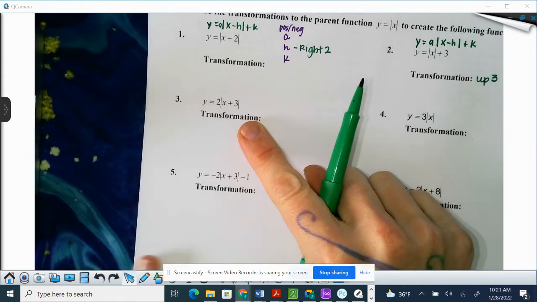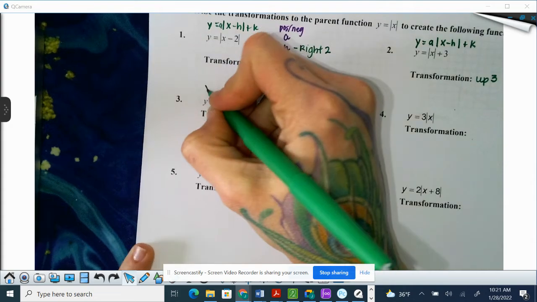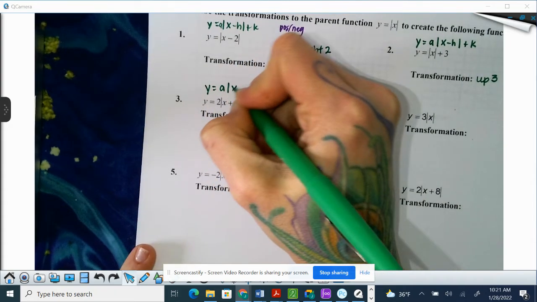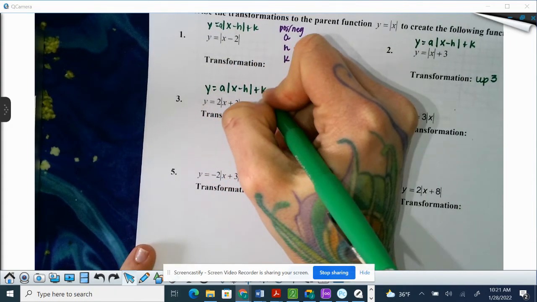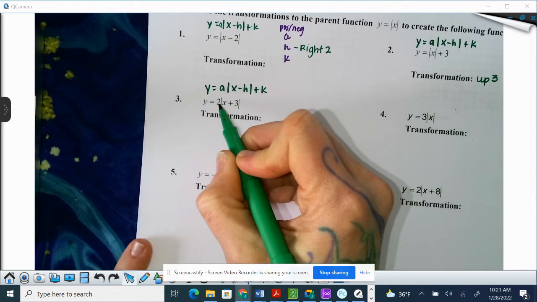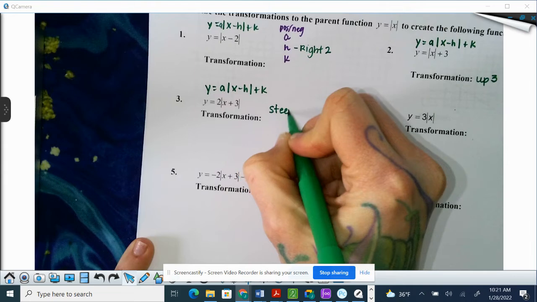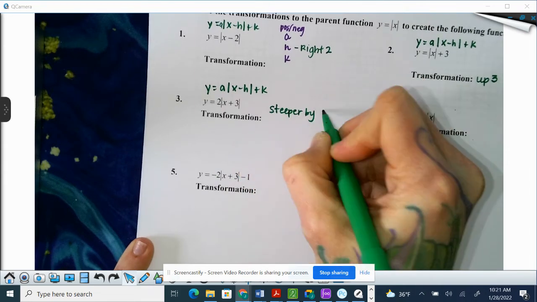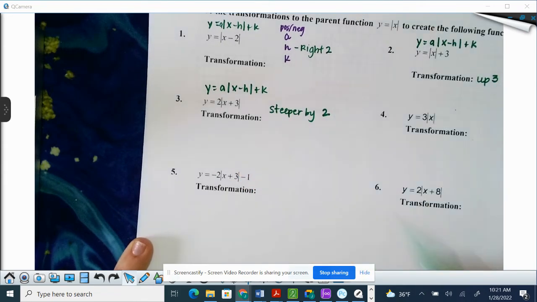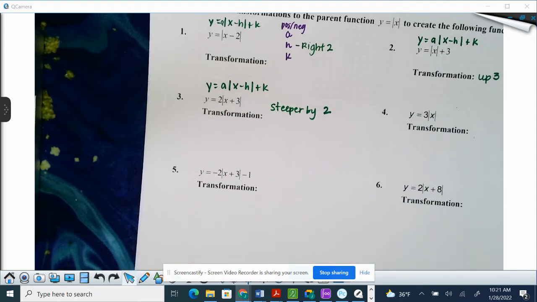Number 3. y = a|x - h| + k, again, is our outline. In this case, there is an A, so that's going to be steeper. Now, steeper by 2. So another silly story for the number in the front. My magical world, where I would like to live, is the more cheeseburgers I eat, the skinnier I look, the more svelte I am.